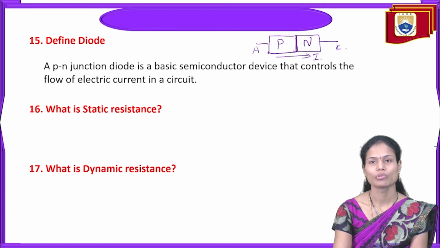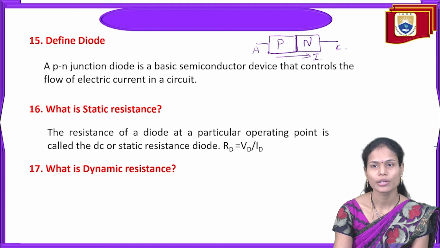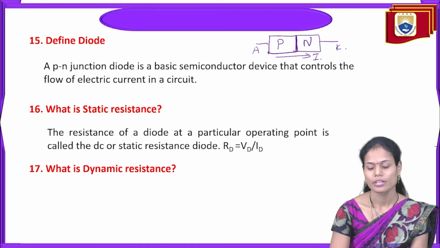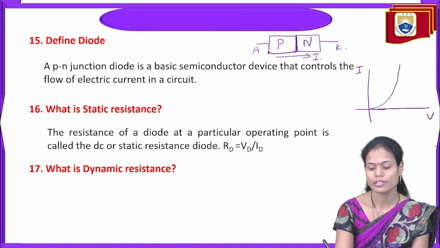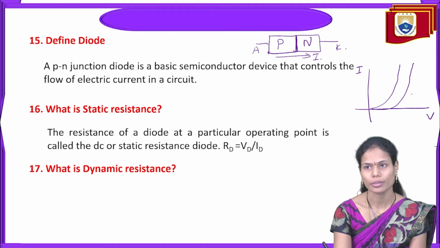Next, what is static resistance? The static resistance of a diode at a particular operating point is the DC resistance of the diode. If we take the voltage versus current characteristics of the diode, in the forward characteristics we get a curve depending on how much input voltage we provide.